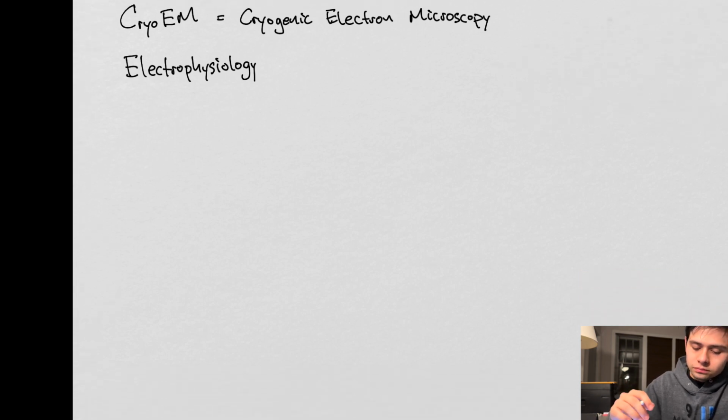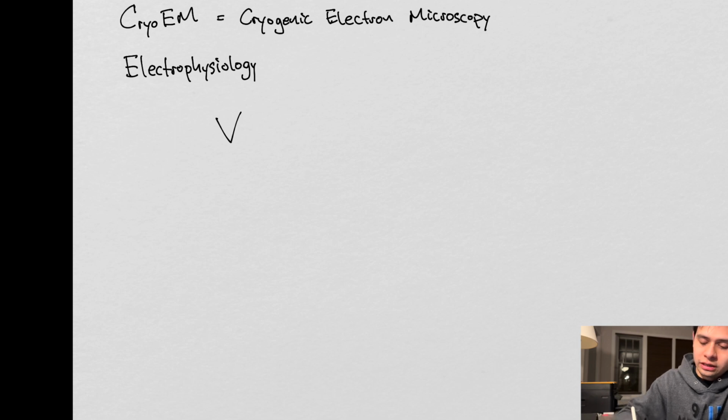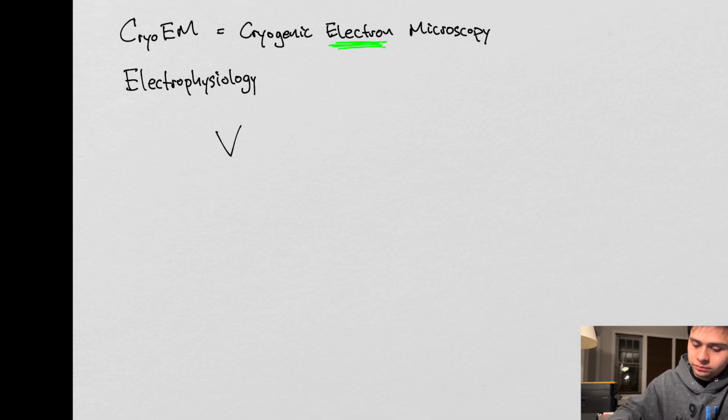Now, CryoEM, essentially what you're doing is you have an electron gun, basically. Cryogenic electron, right? This is your electron microscopy. You have some electron gun, and this electron gun will fire electrons at super high speeds.